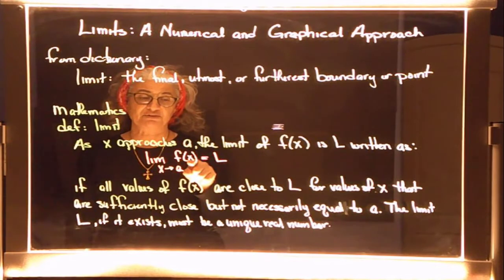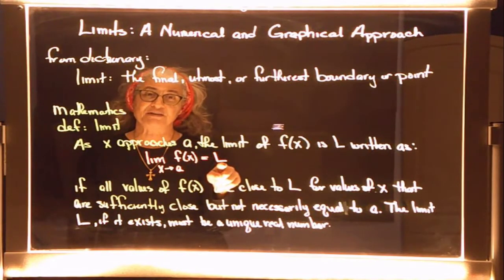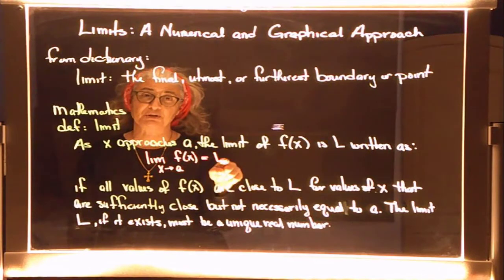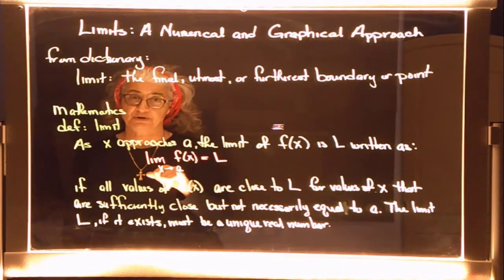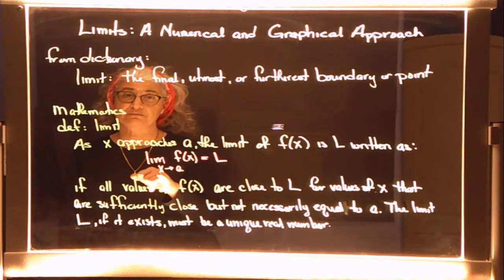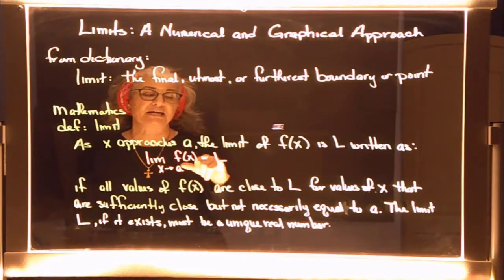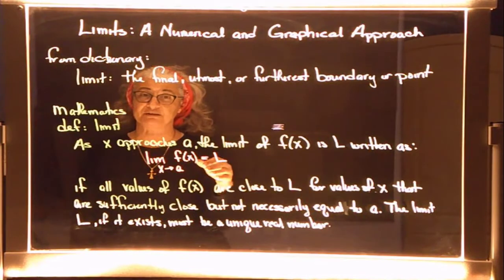And that other x value is not necessarily plugged into this function, but you're looking at this function based upon this x. This result then, this L, must be a y value. It must be part of the range. Okay? So your A is part of the domain. It's an x value when you're graphing. This L is the output. It must be part of the range, a y value when you're graphing.